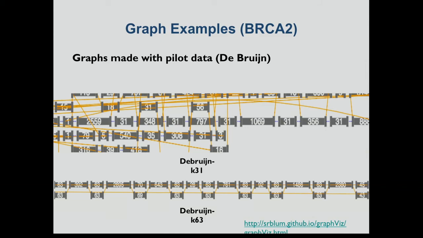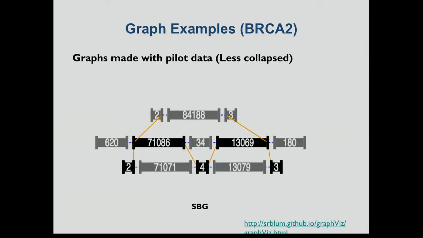It's very much a hairball, spaghetti graph, as you can see in this depiction here. Now the De Bruijn graph with K63 is a little more like the other graphs that we see that were built by multiple alignments. There's no alignment in this De Bruijn construction, obviously. You're just looking at the content of segments of DNA.